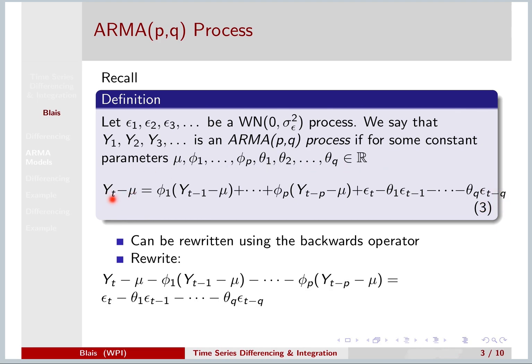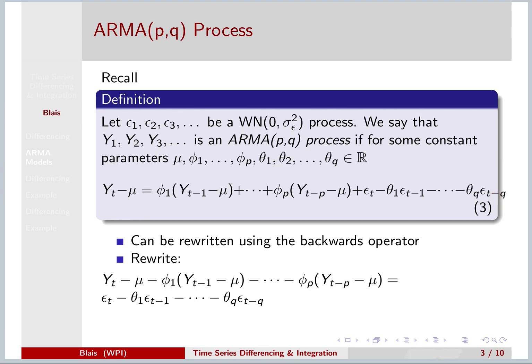Y_t differs from its mean today, with a memory piece of how it differed from its mean yesterday, down to a memory piece of how it differed from its mean p days ago, plus a new noise term, and then we have a piece of memory for yesterday's noise term, down to a piece of memory for the noise term from q days ago.